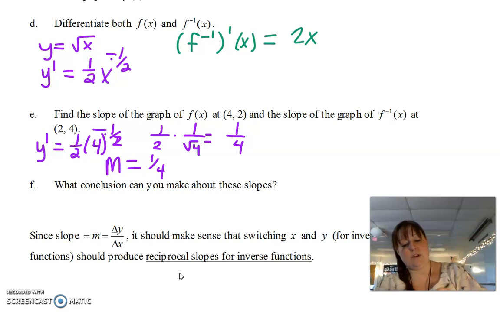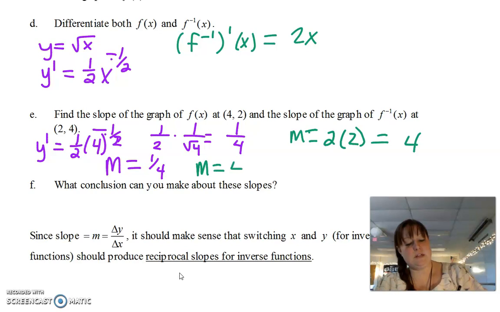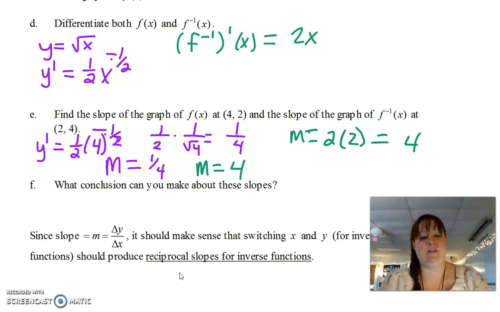Now what is the slope of the inverse at 2, 4? Well, that would be m equals 2 times 2, which is 4. So the slope of the inverse at the other point is 4. What conclusions can you make about the slopes?